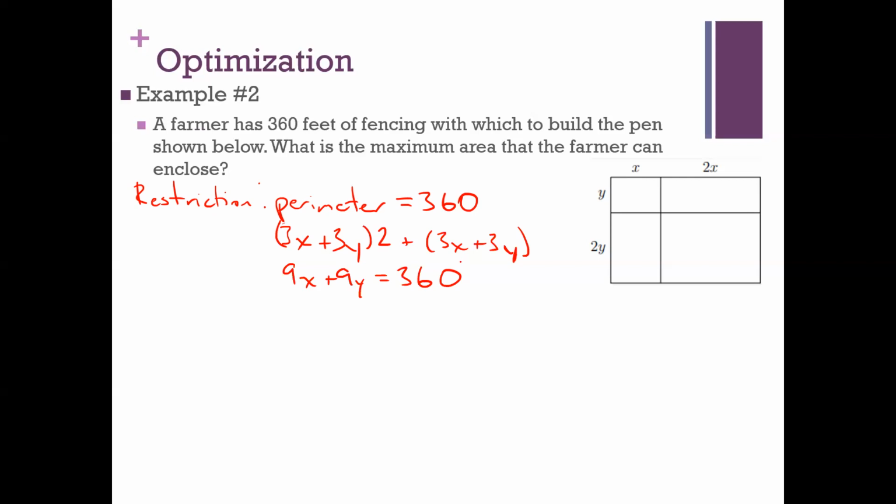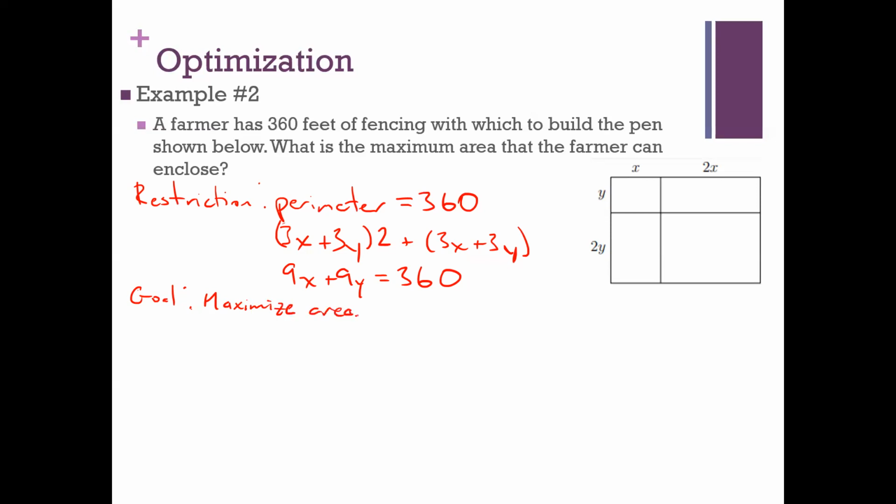What's the bottom line here? What is the thing I actually want to do? I'm trying to optimize something. You're optimizing the largest possible area. So I'm trying to maximize. So the goal is to maximize the area.